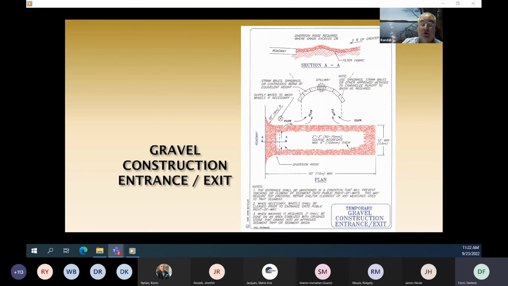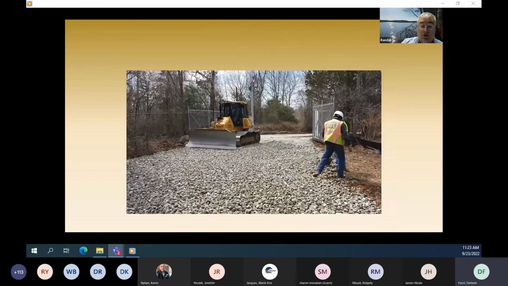You want to make sure the stone is large enough to shake the large trucks, the 18-wheel dump trucks, whatever vehicles are going in and out of the site. The small Toyota Corolla inspection vehicle should have a little difficulty getting over a properly made gravel construction entrance. If you're driving into it and it's all smooth and it's almost a paved road, then there's definitely a problem.